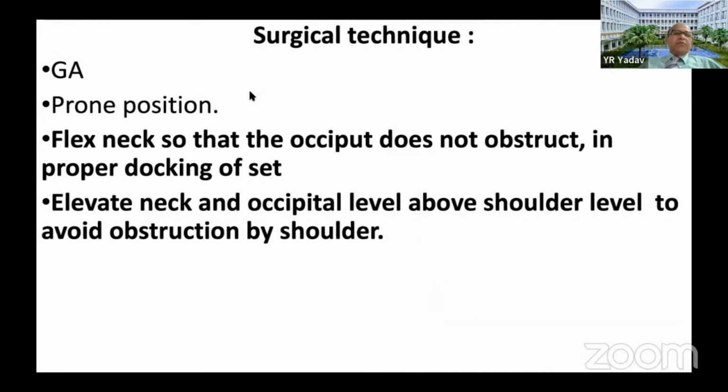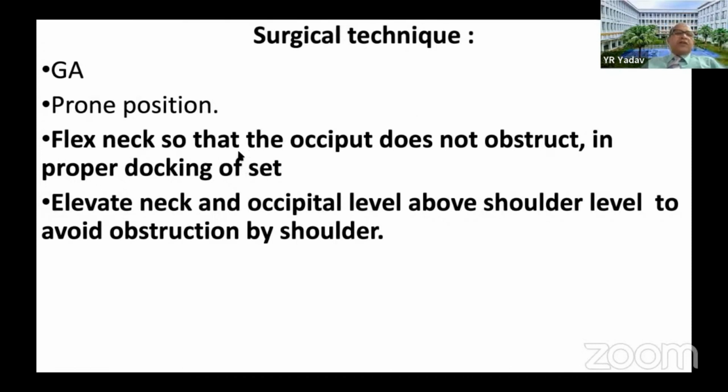Regarding the surgical procedure, general anesthesia is used. The patient is in prone position, and the neck is flexed so that the occiput does not obstruct proper docking of the tubular retractor. Otherwise, every time you want to angulate it caudally, the tubular retractor strikes on the occiput and you are not able to work.